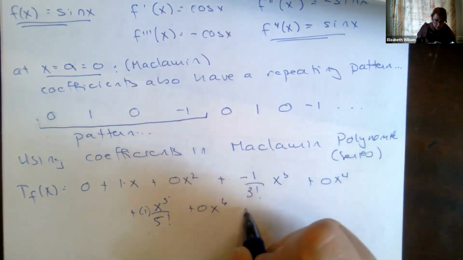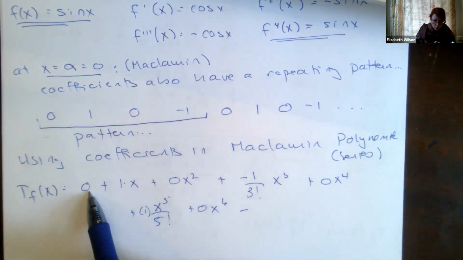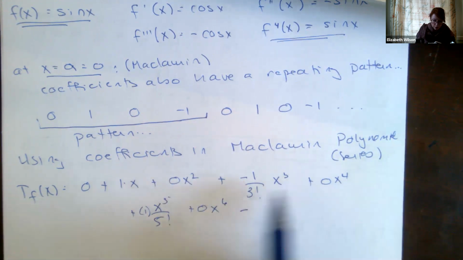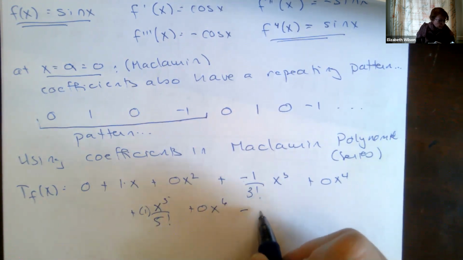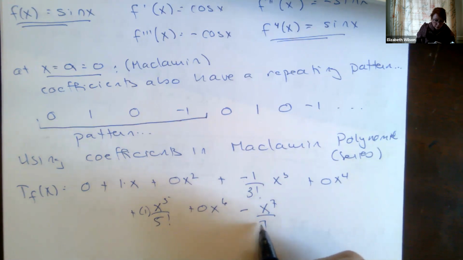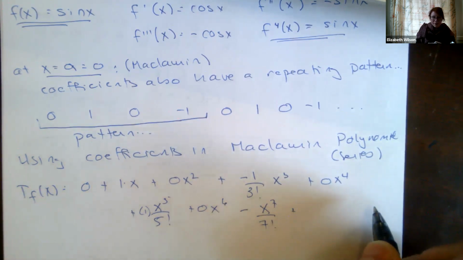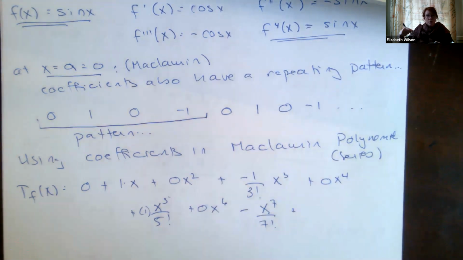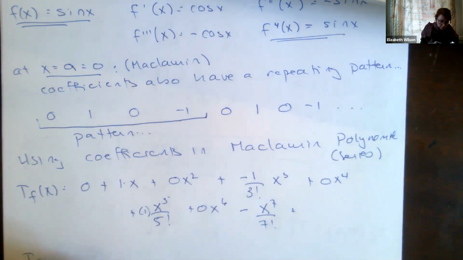Now again, I'm doing 0, 1, 0, minus 1, 0, 1, 0, minus 1, x to the 7th over 7 factorial, plus 0, 1, 0, minus 1, and so on and so forth. I'm using this to generate a pattern. So let's write this out.